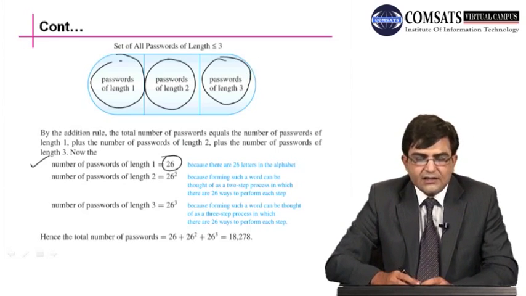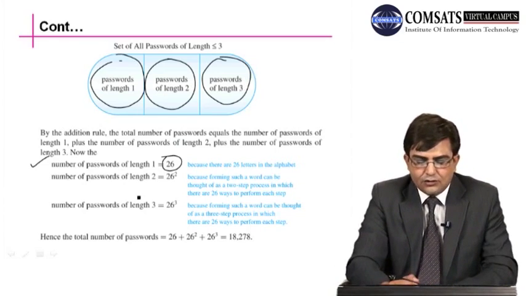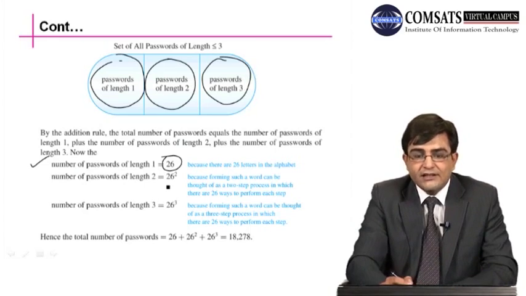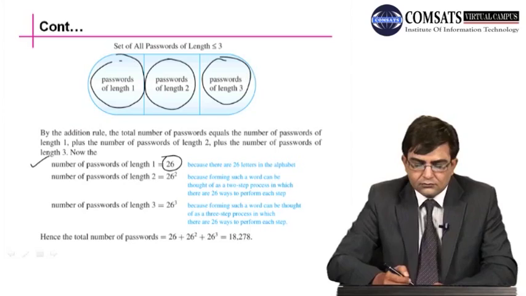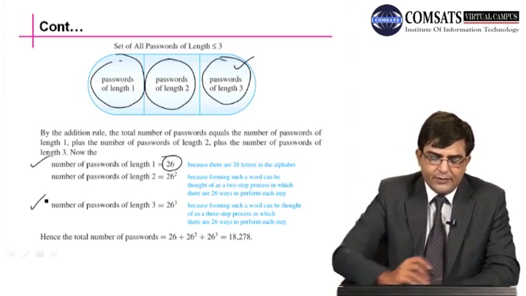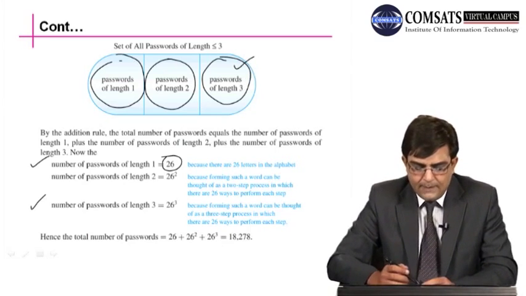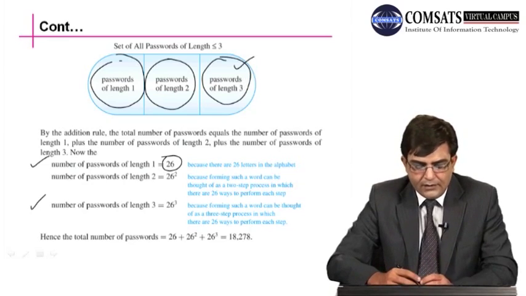Now, in the second set, the passwords are of length 2 and repetitions are also allowed. Therefore, by using the multiplication rule, the total number of passwords of length 2 is 26 times 26, that is 26 squared. And in the third set, the number of passwords of length 3 is 26 times 26 times 26, which is 26 cubed, because repetitions are allowed, I remind you.